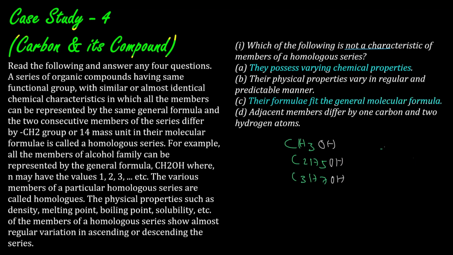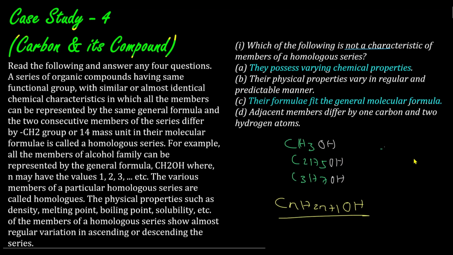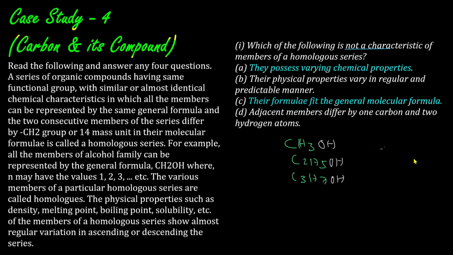That's true. For example, for an alcohol homologous series, its general formula is CnH2n+1OH. You can even verify this by placing different values of n. So they follow a general formula. So this is a correct statement.